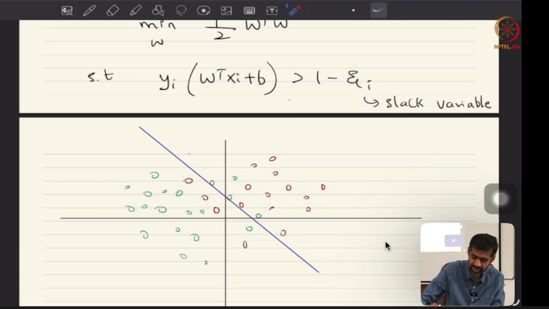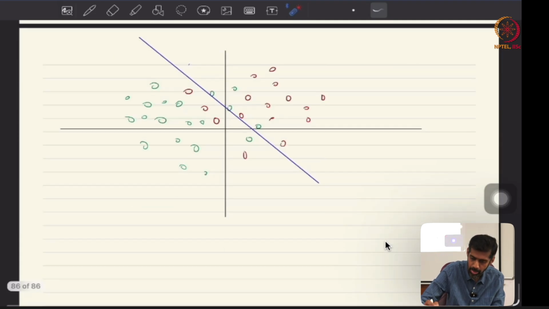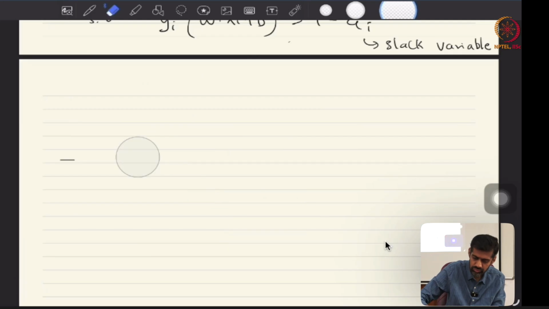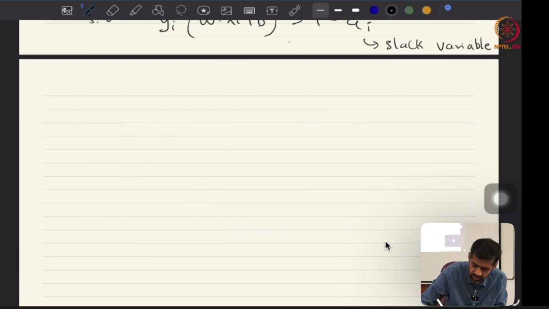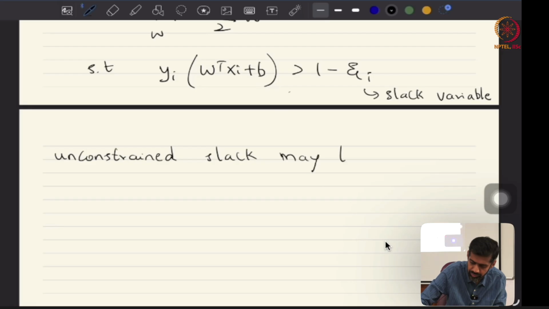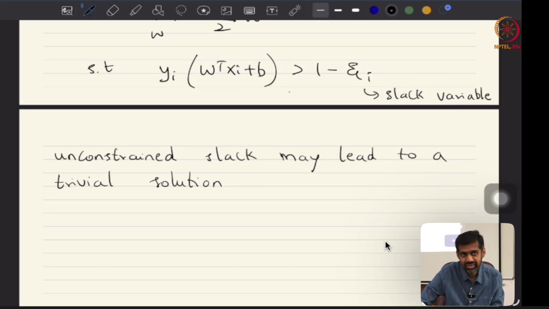So how do we do that is the question. So let us write that down. Unconstrained slack may lead to a trivial solution. What is a trivial solution?